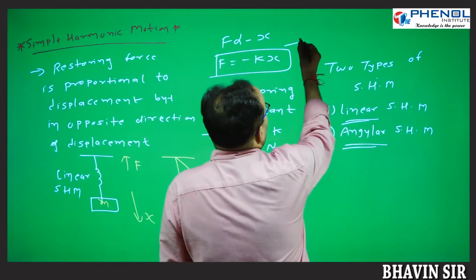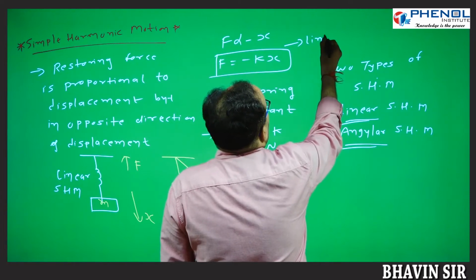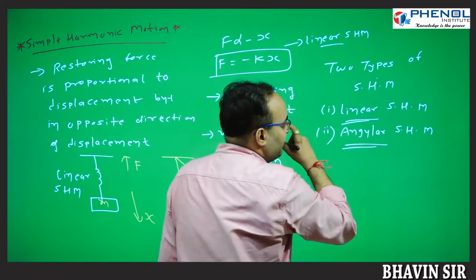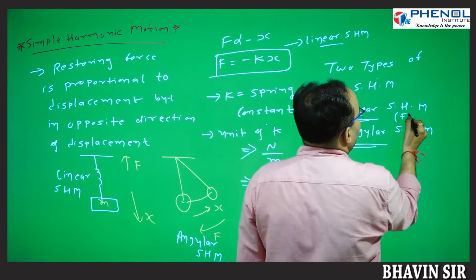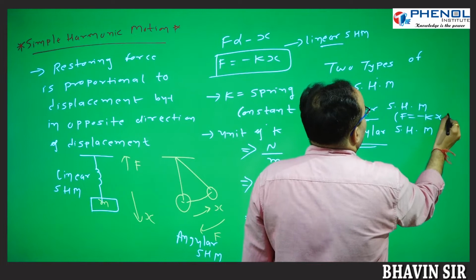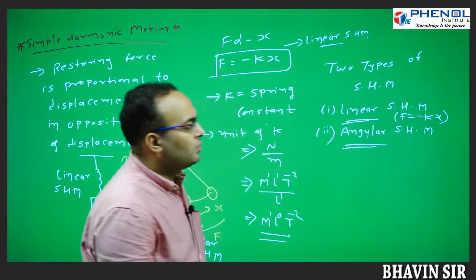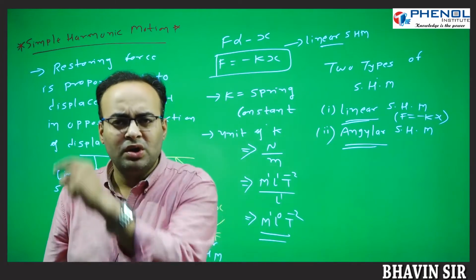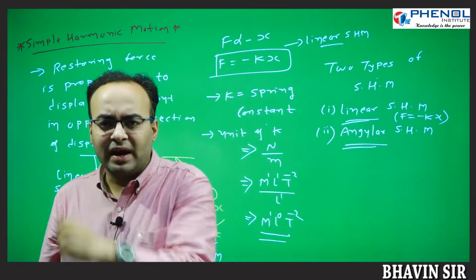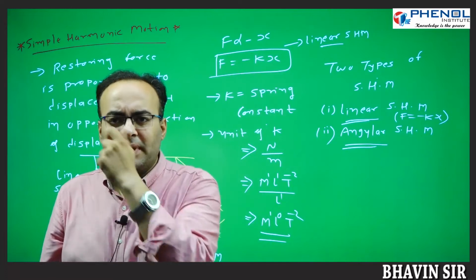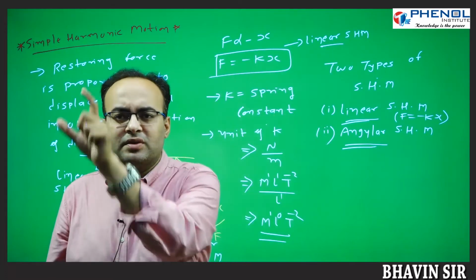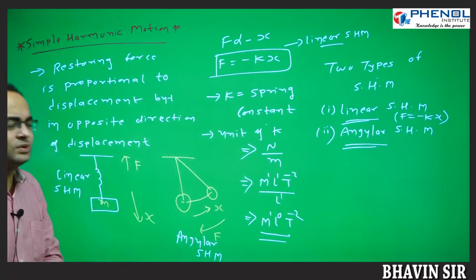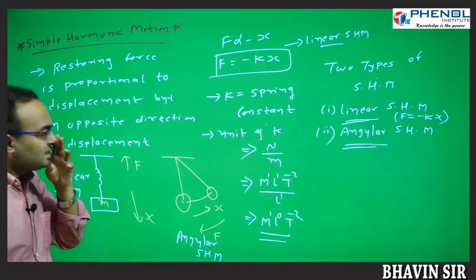Okay, this is the formula for linear SHM. For linear SHM we write F is equal to minus kx. If you want to write for angular SHM, in which an angle is formed or the path is in the form of an arc, like a pendulum. Pendulum performs angular SHM. So for angular SHM, what is the formula?